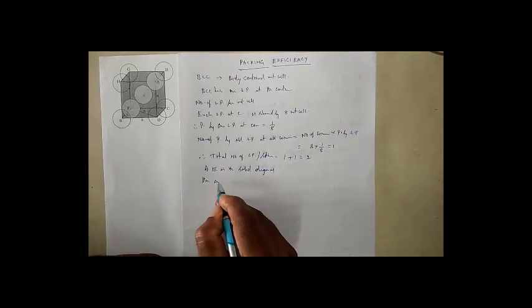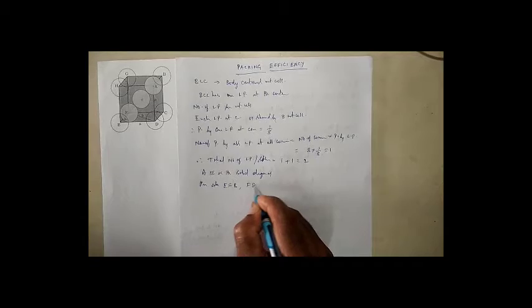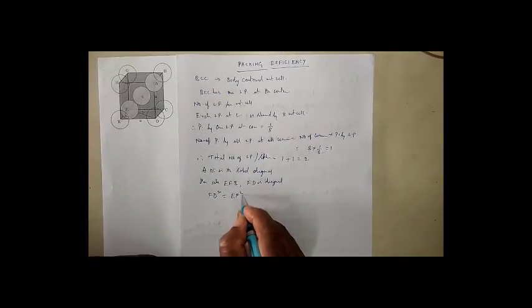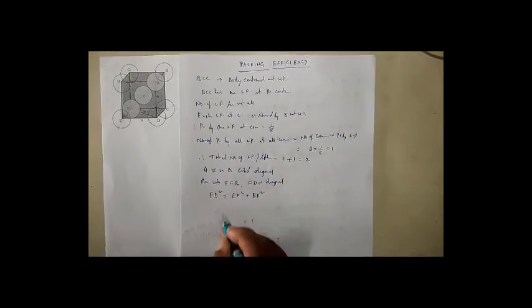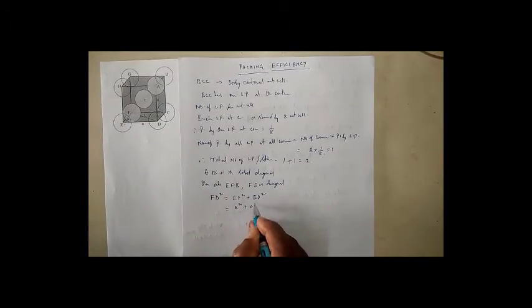First of all, in triangle EFB, FD is the diagonal. Therefore, FD square equal to EF square plus ED square. What is EF? EF is a, that is edge length. ED is edge length. So a square plus a square equal to 2a square.